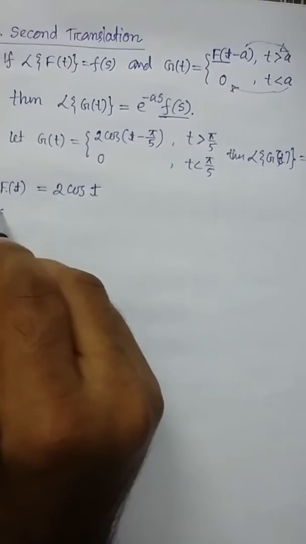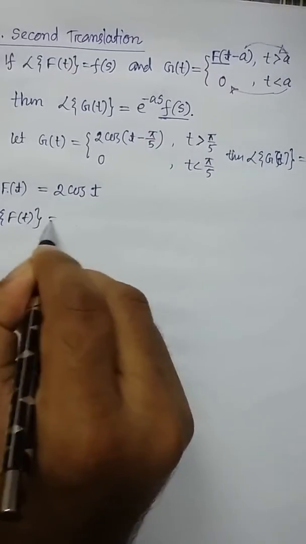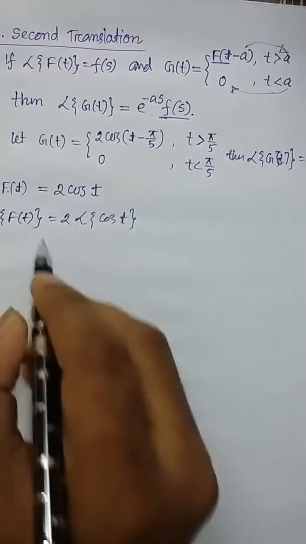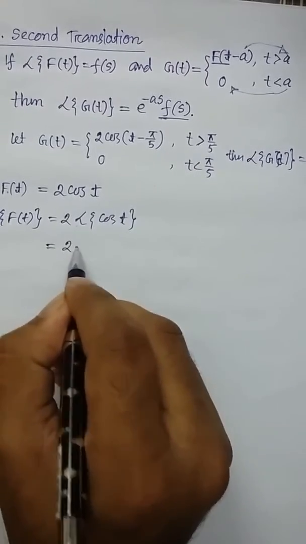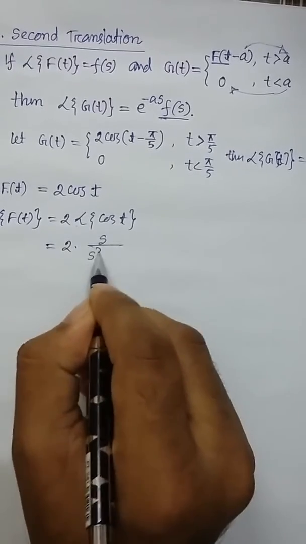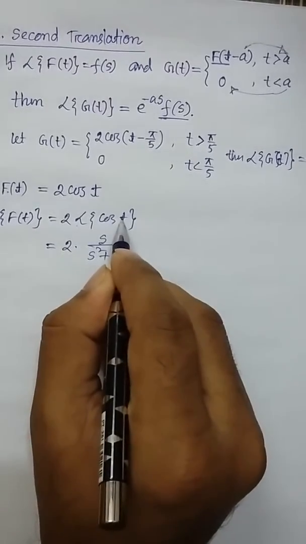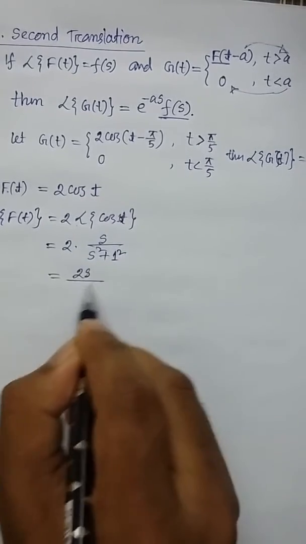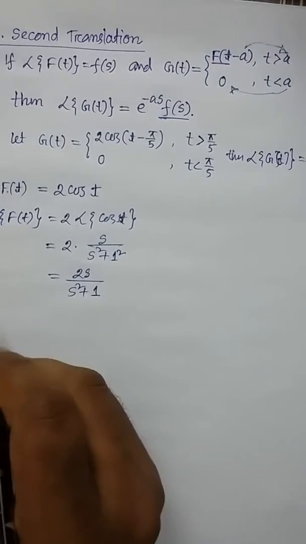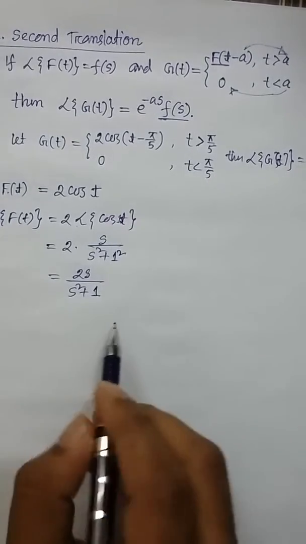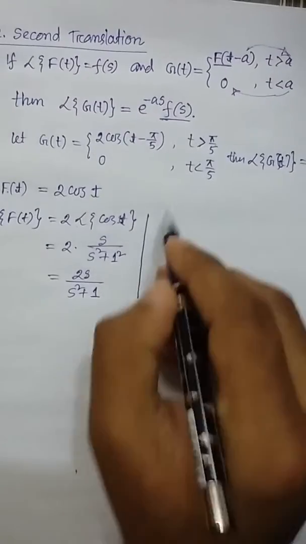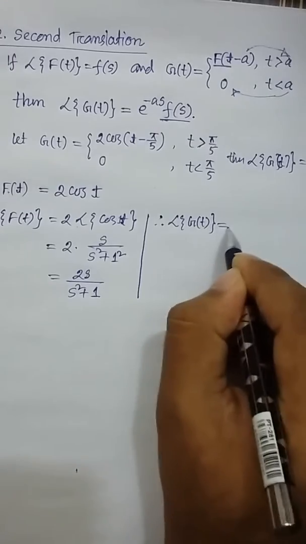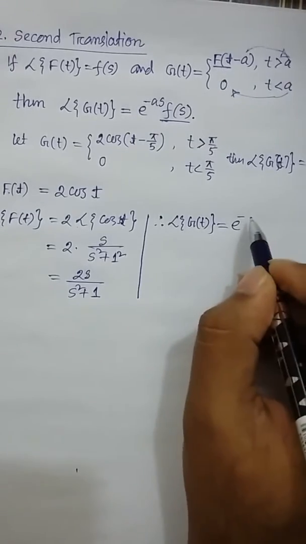So the Laplace transformation of f of t is 2 cos t, and we know for cos t it will be s by s square plus 1 square, since the coefficient of t is 1. So we get twice s by s square plus 1, and according to the property our answer will be: therefore L of g of t will be e to the power minus as.